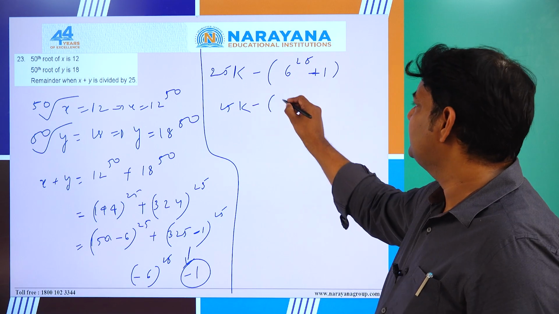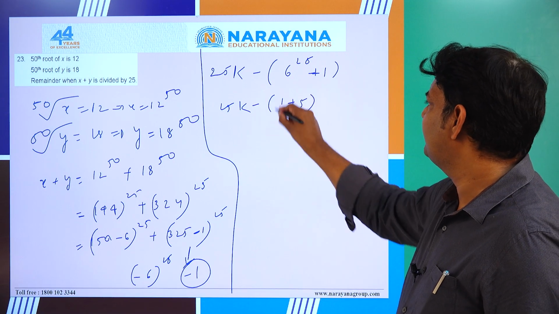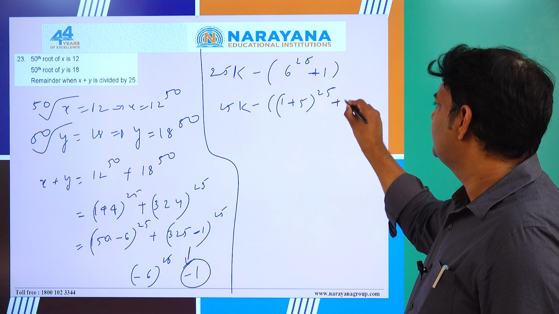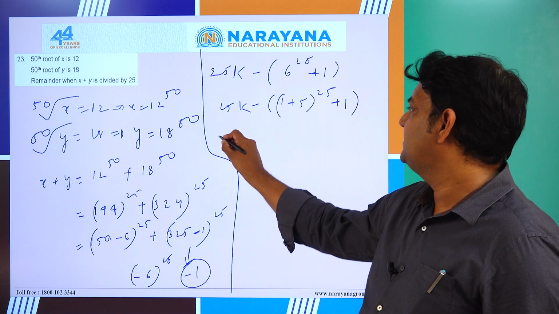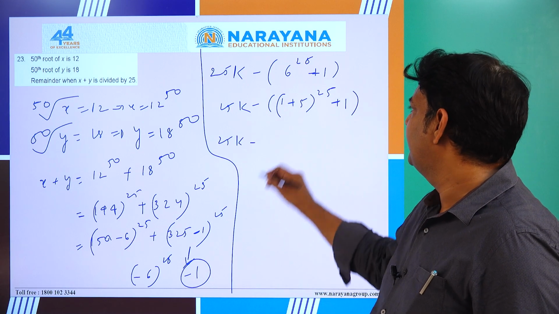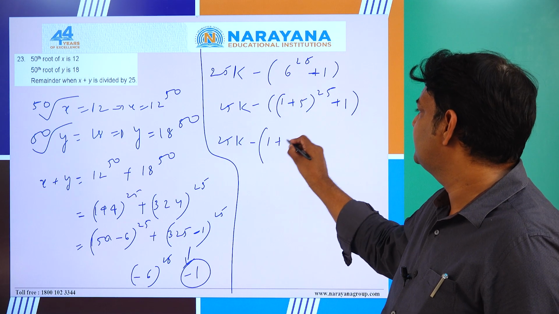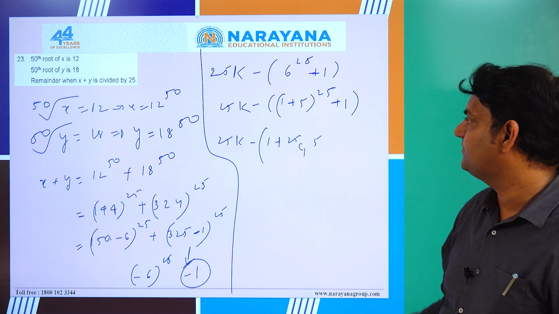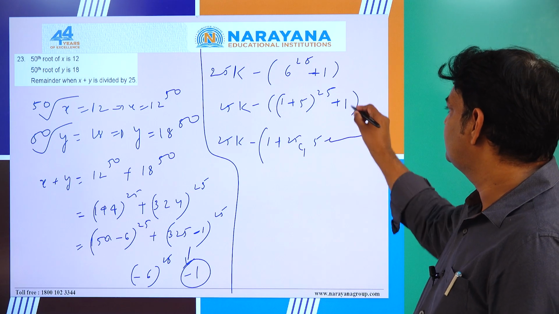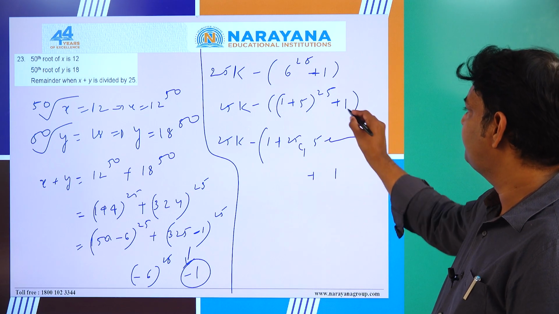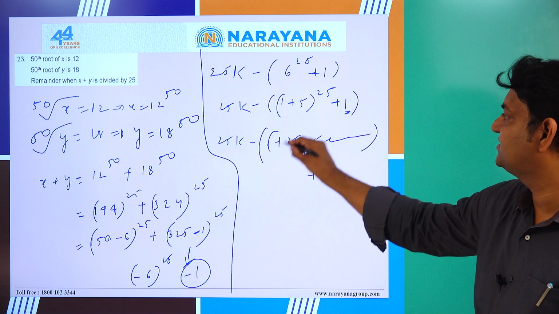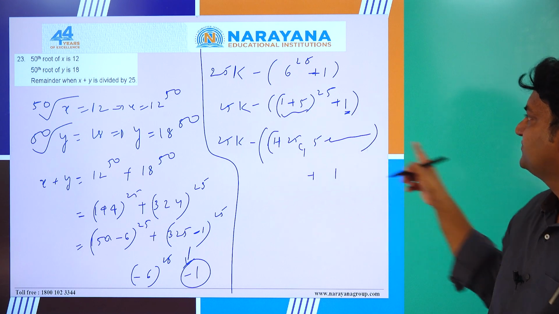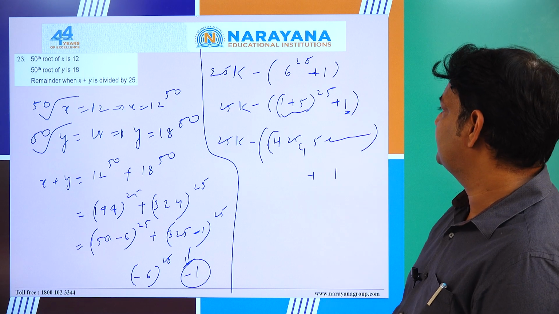minus 6, again we will write as 1 plus 5 power 25 plus 1, that is 25k minus of, observe, 1 plus 25 C1 into 5, here only we got the multiple of 25, plus and so on, and finally this plus 1. Okay, this is nothing but this expansion, 1 plus 5 power 25, and this plus extra 25.